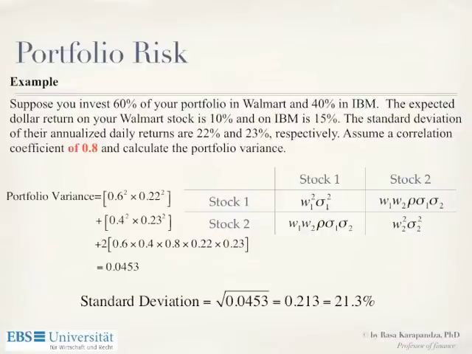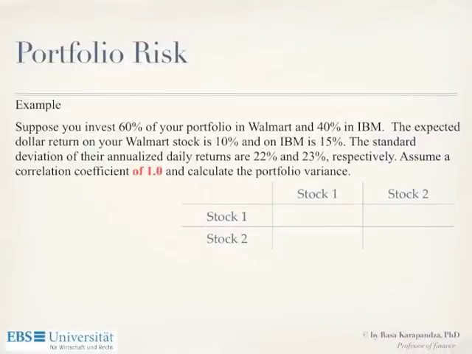Now let's play a little bit with this correlation coefficient. Let's get intuition for how the correlation coefficient influences the risk of a portfolio. Let's do exactly the same example, but instead of a correlation coefficient of 0.8, let's have a correlation coefficient of 1. Okay? What happens if the correlation coefficient is 1?